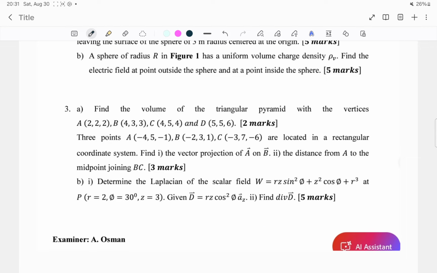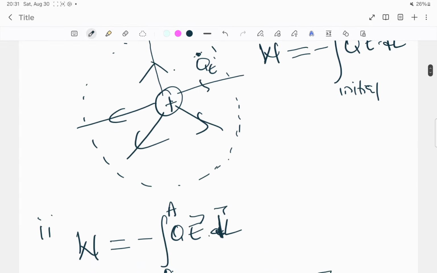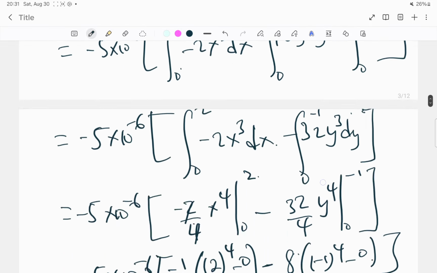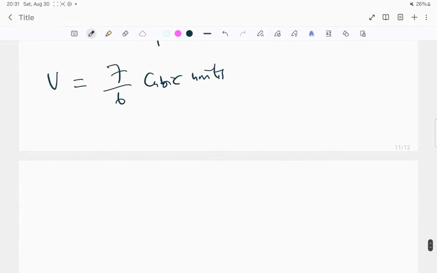Okay, A onto B. So when it comes to vector projection, we are projecting one vector onto the other.